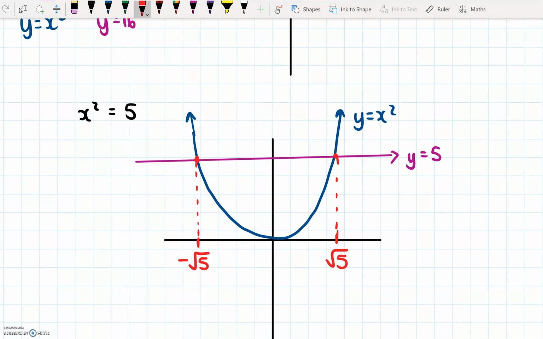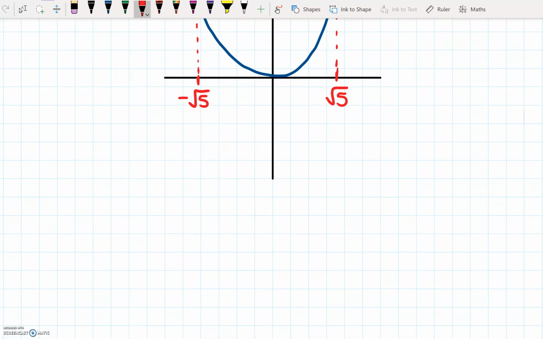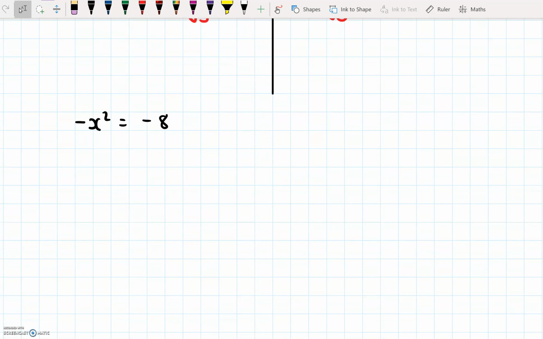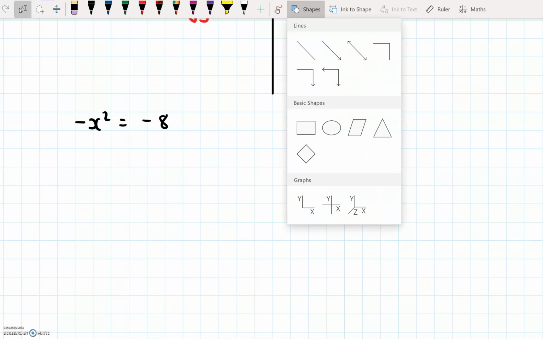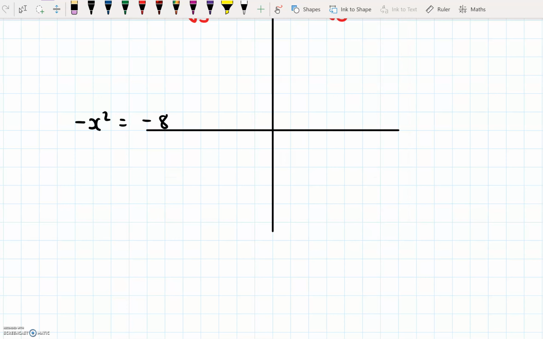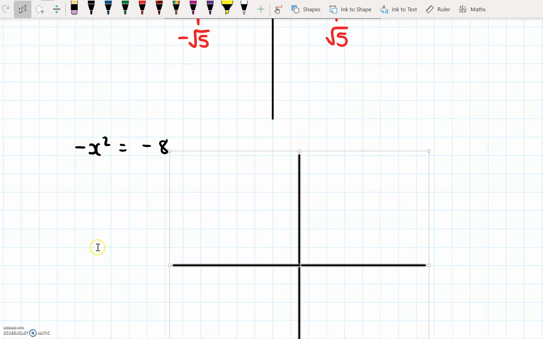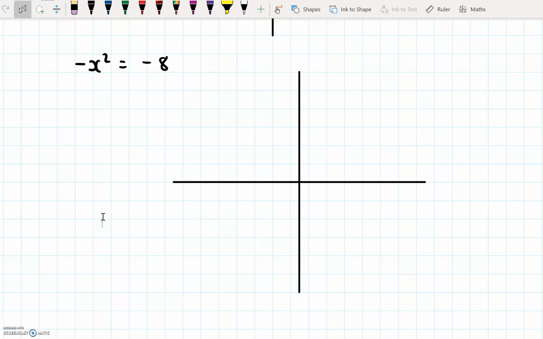If we had a parabola that was the other way around, for example, minus x squared equals minus 8. In this case, we have a negative parabola. Negative x squared means it's the same thing, but upside down, so it looks like this.